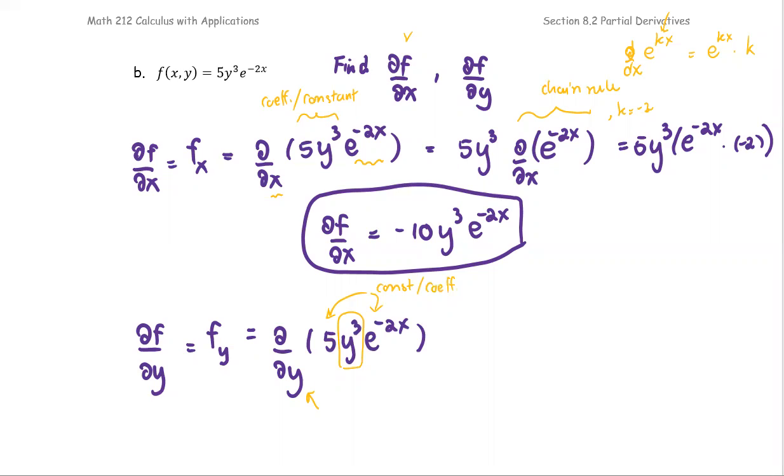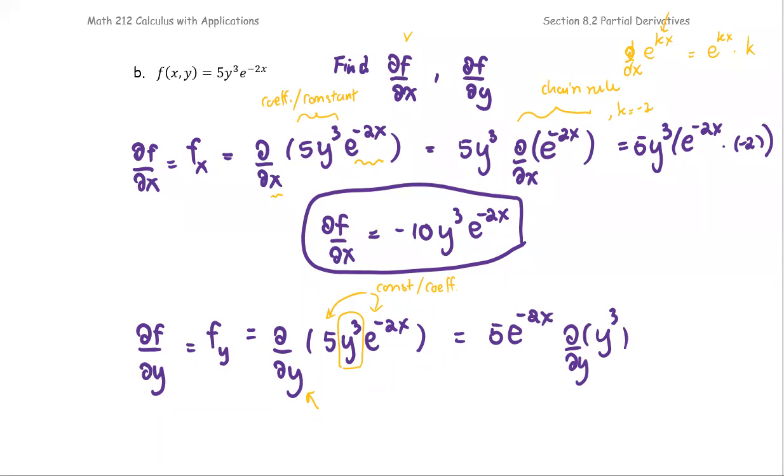Okay, that means if you rewrite it in a nicer order, we're going to treat 5 and e to the negative 2x as a coefficient, and we just work on the partial derivative of y to the third.